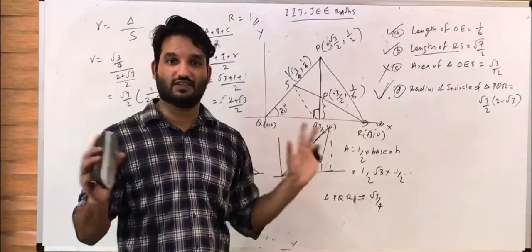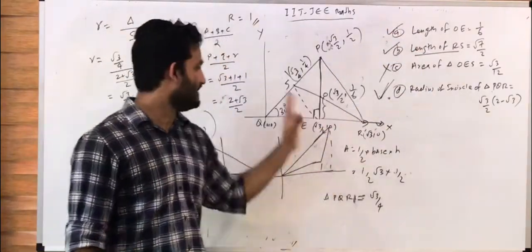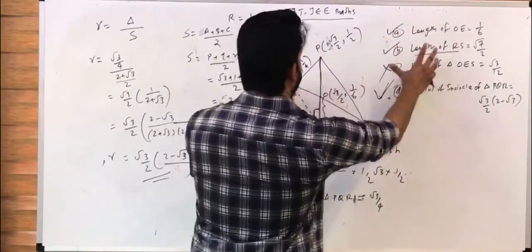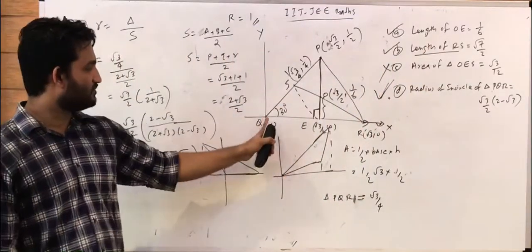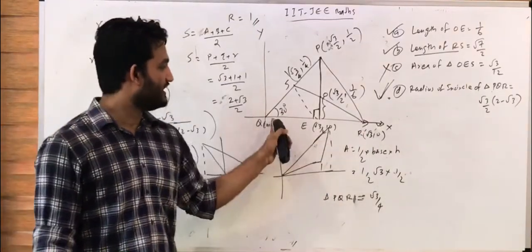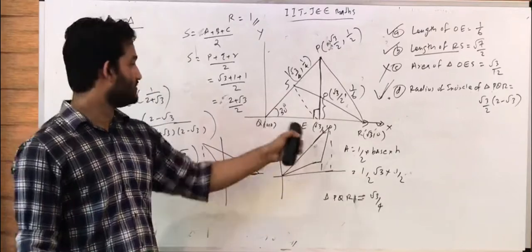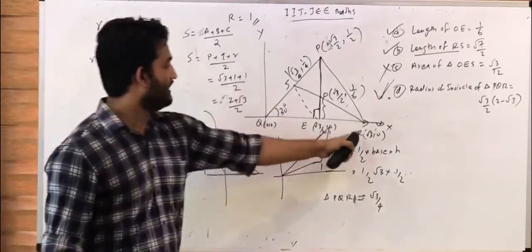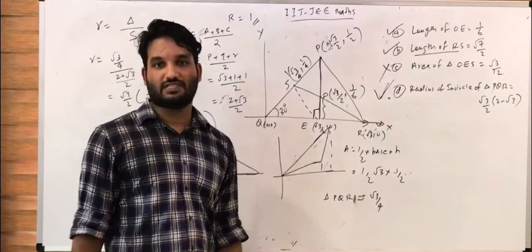We are not asked to find the coordinates, only the lengths. That's why I can move this triangle anywhere in the coordinate plane. But if I choose a point as origin, I have to choose R at a distance of root 3 from this origin, because QR is given as root 3 in the question. That we must follow.